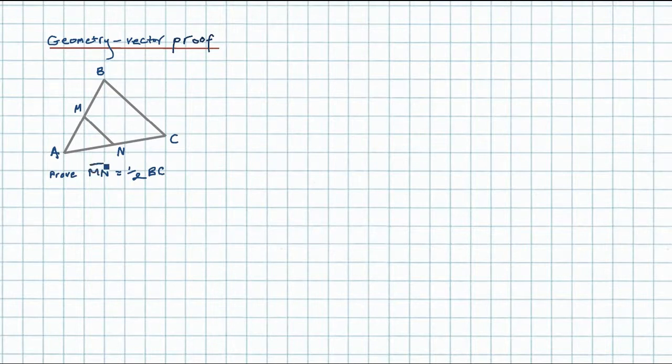And if I put a line over the top, then I've turned that distance into a displacement vector, if you like, a displacement vector from M to N. Displacement is not just the distance between M and N, it's in what direction as well as how far.